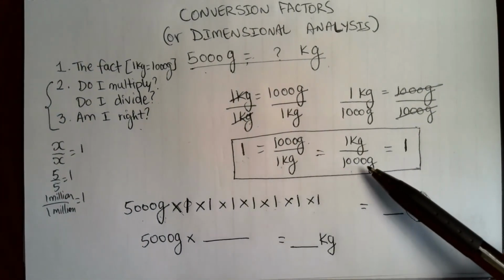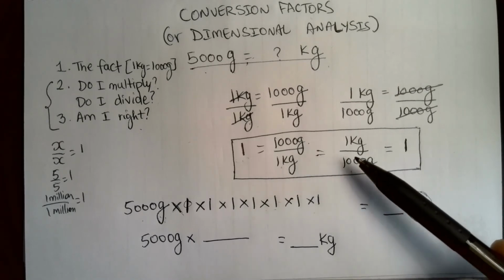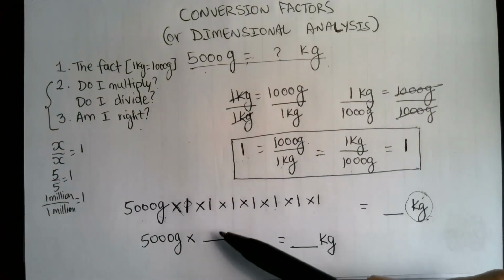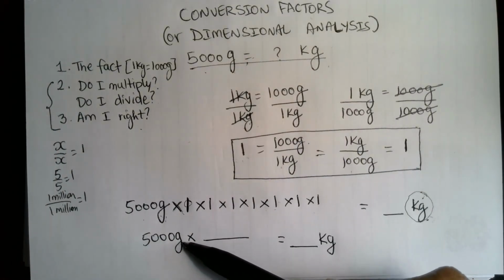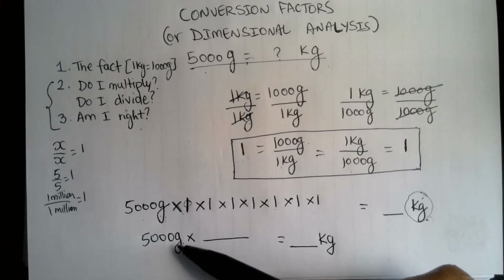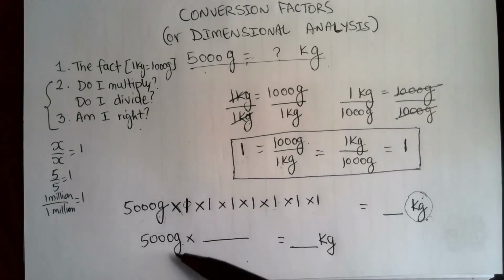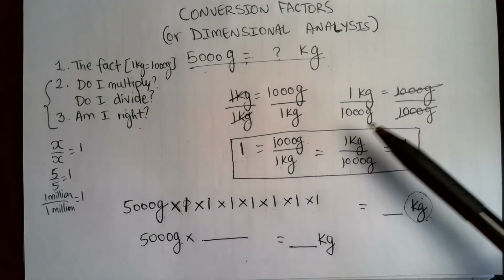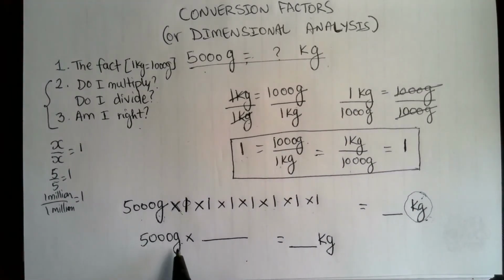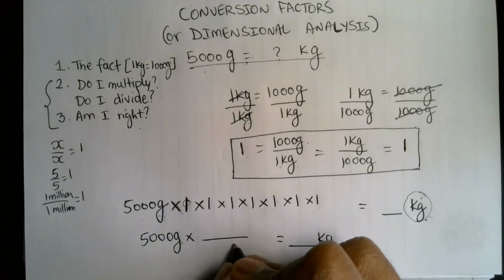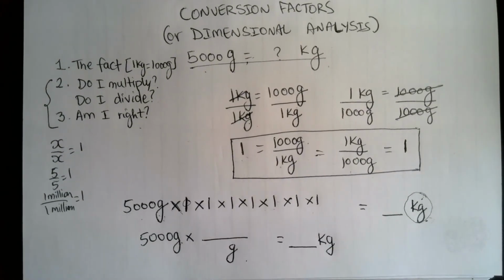I have two factors here that I've identified that can help me with this. Firstly, grams is what I want to get rid of. Now, you won't have to do all of this work for every question. This is how I will do the question without all of this. Grams is what I want to cancel out. I don't want grams.